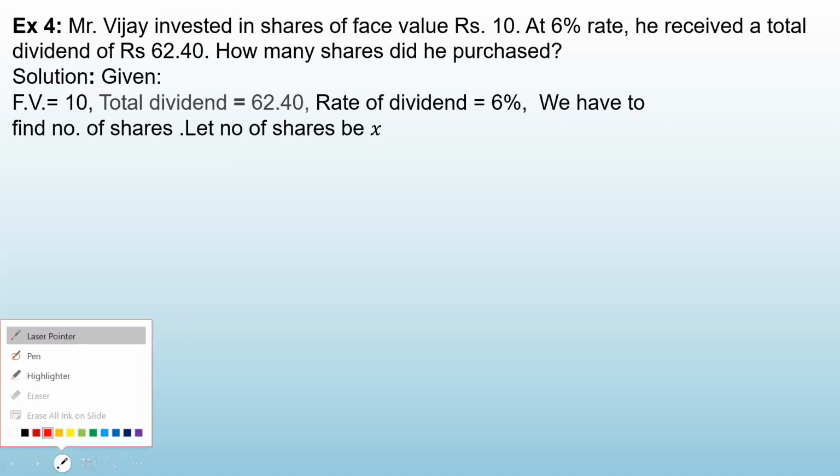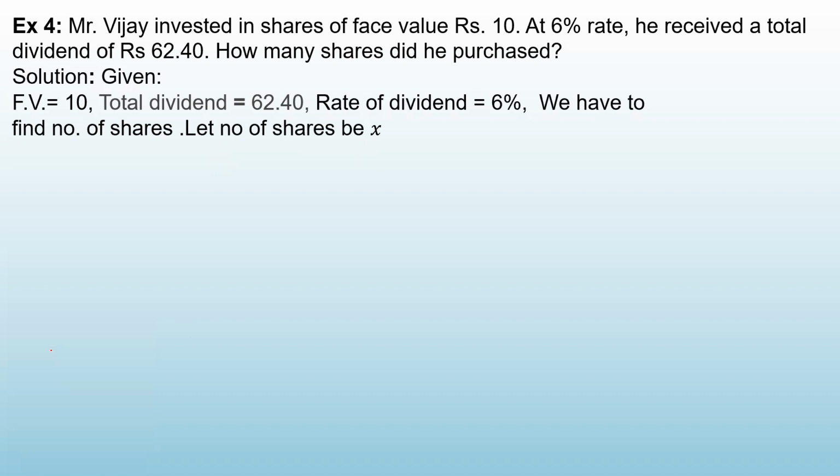Now here in this problem, total dividend is given to you. So that gives you an indication that you have to use the formula of total dividend. So write down the formula.